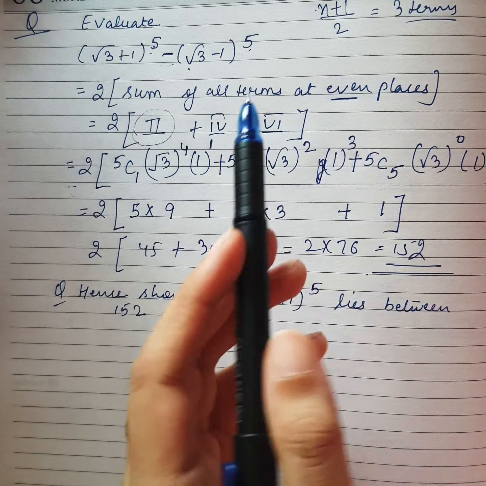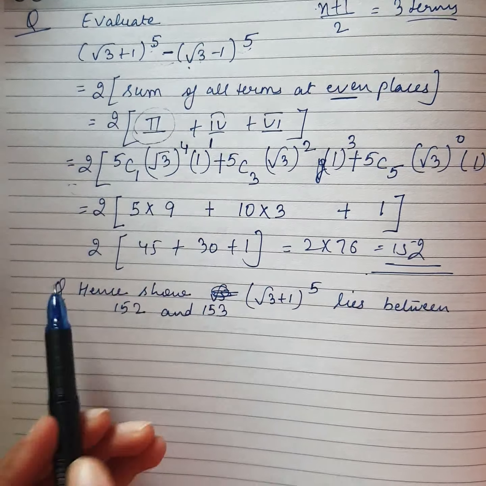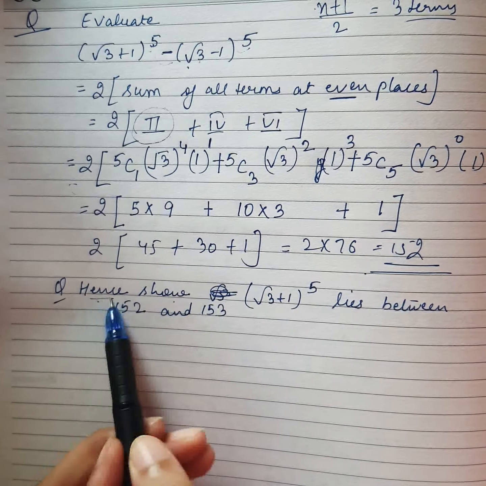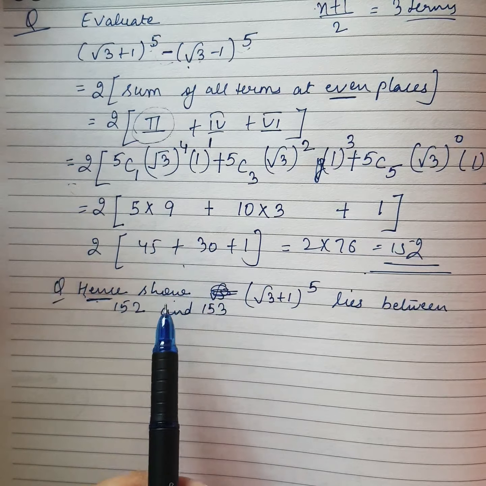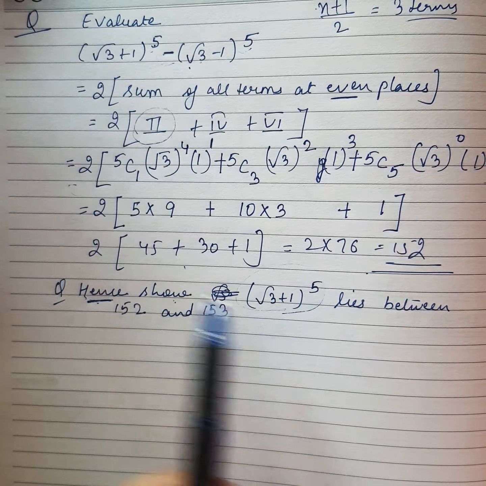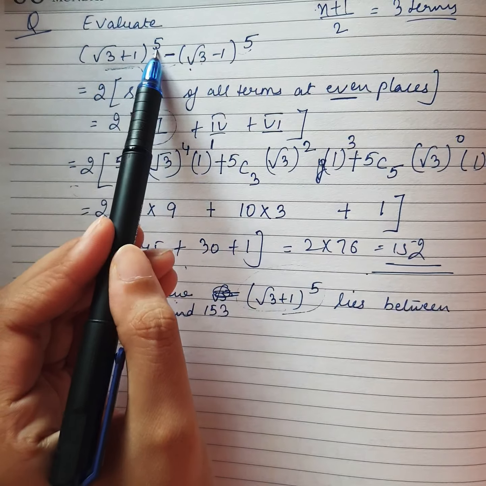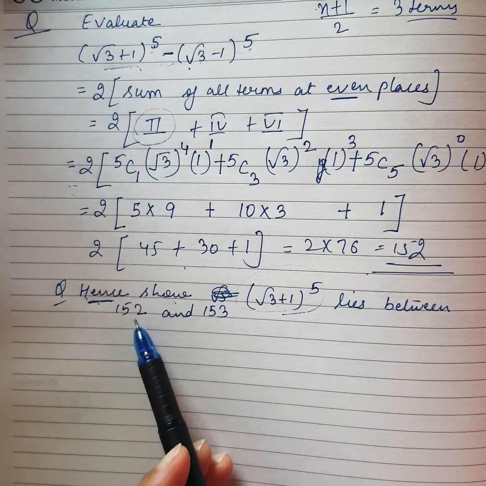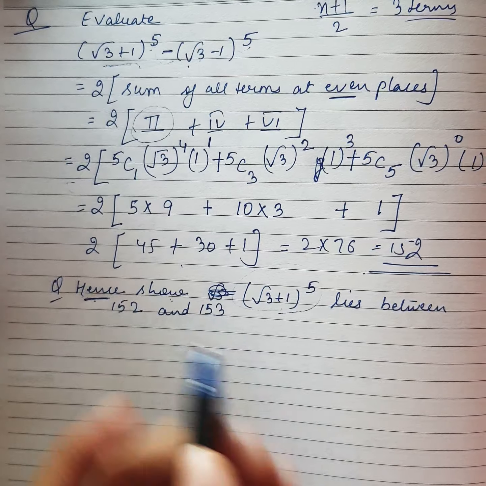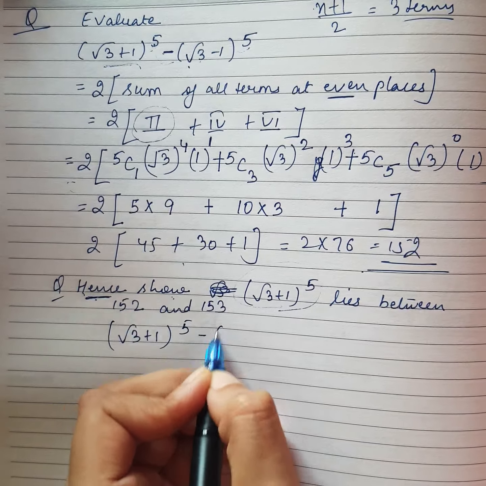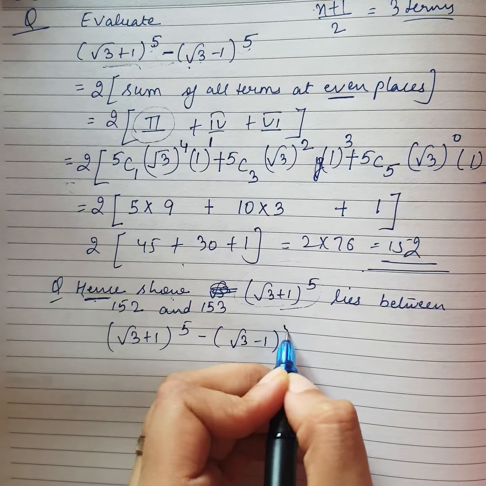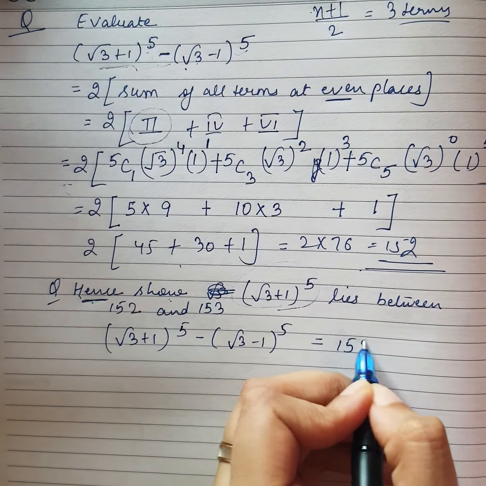The continuation of the same question, evaluate this. Hence, show, wherever it is written hence, that means using the first part of the question, show that this, (root 3 plus 1) whole power 5, lies between 152 and 153. So in the first part we have solved (root 3 plus 1) to the 5 minus (root 3 minus 1) to the 5, it came 152.